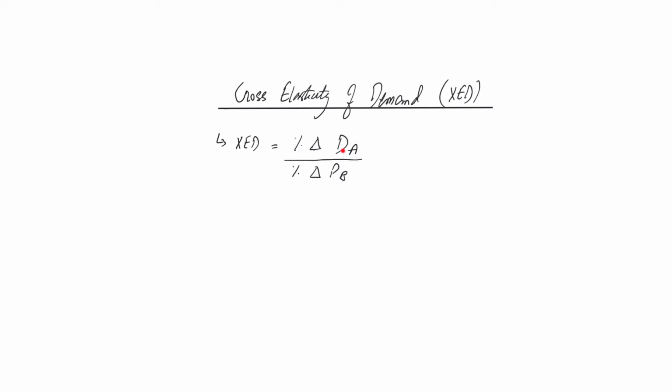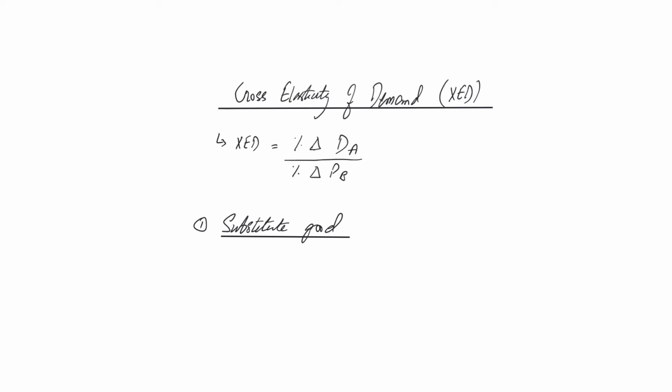How will the demand for good A change if there is a change in the price of good B? So it basically talks about two types of goods. One is substitutes and one is complements.